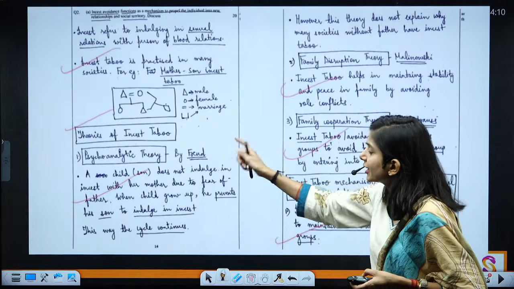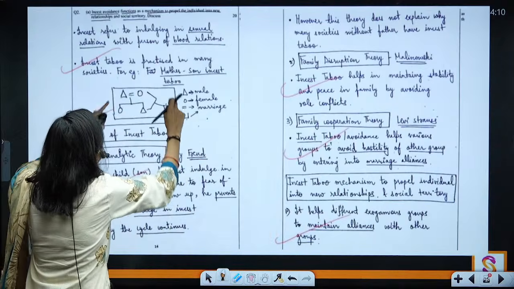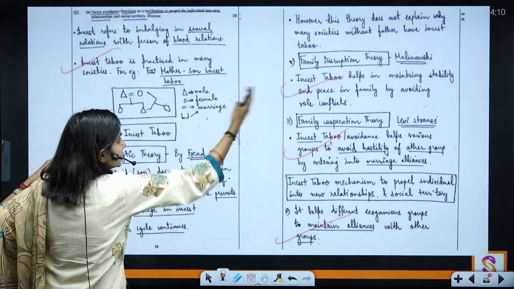Each and every heading is clearly mentioned. When they prepare a diagram, they close it within a box. This is what you can understand.